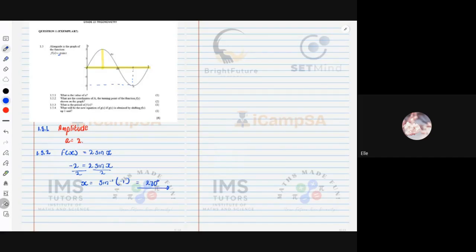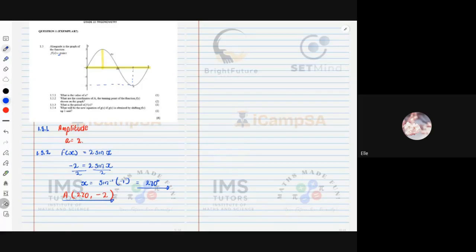You can punch it on your calculator to confirm that. So the coordinates of A are 270 degrees and minus 2. Well, we were not given the degrees, so we'll just say 270 and minus 2.